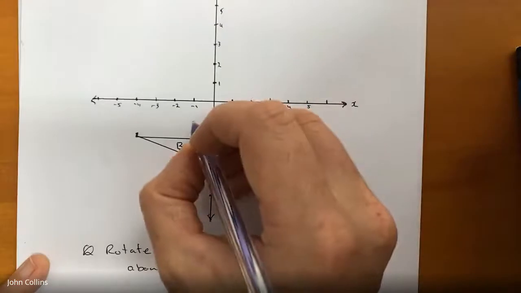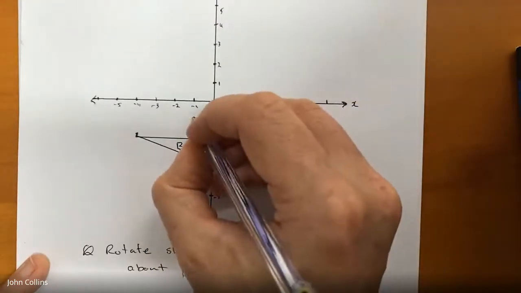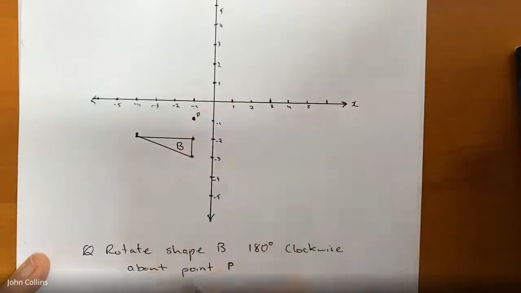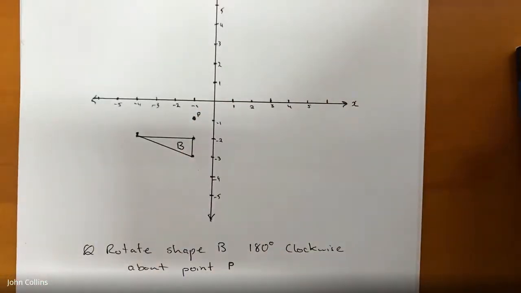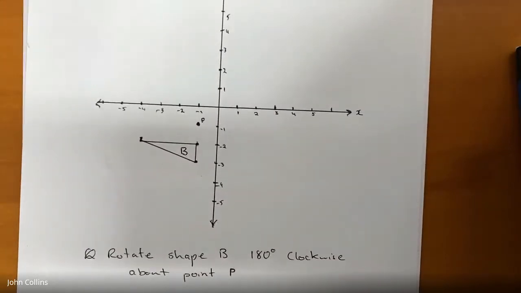I'm going to put it at -1, -1. That's point P. Okay, so I'll give you a second to get all that, and then I'll start with the actual answer to this question. If you want to have a go at it, go for it. You may not have tracing paper though, so that's the problem. But when you actually do one next week in class, you'll have tracing paper.